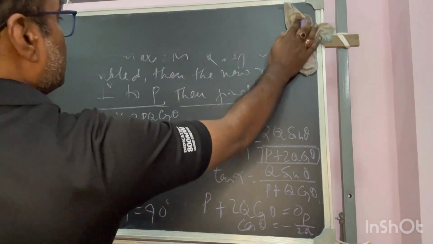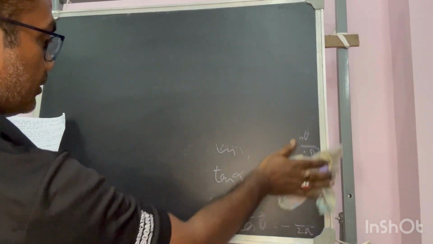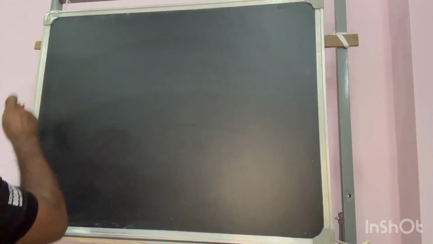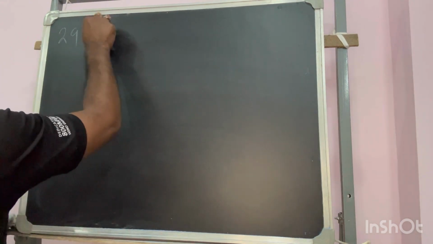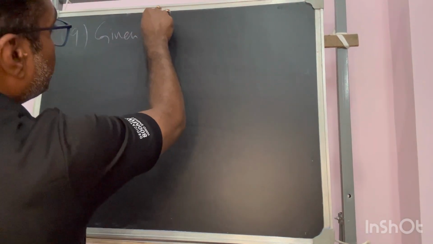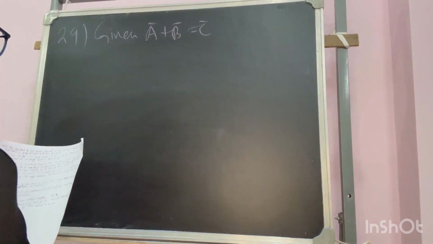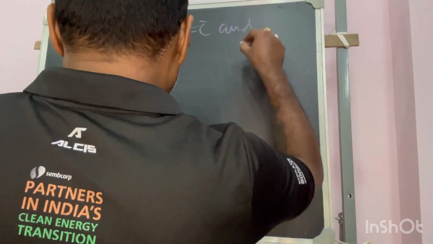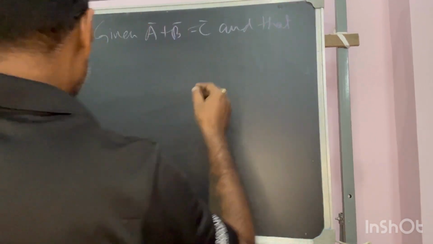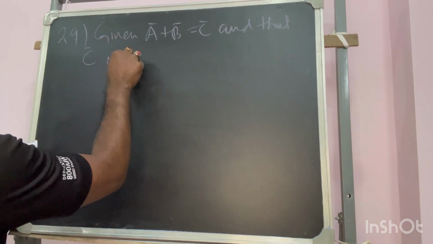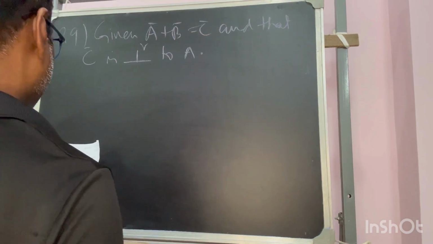So moving to the problem number 29. Given A plus B is equal to C, and that C is perpendicular to A. Okay, fine.